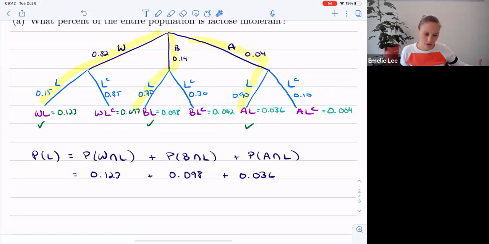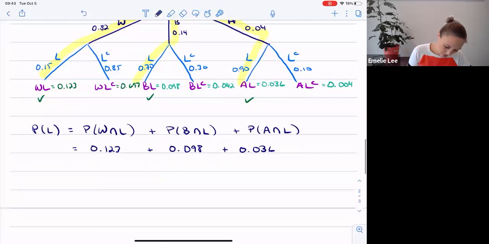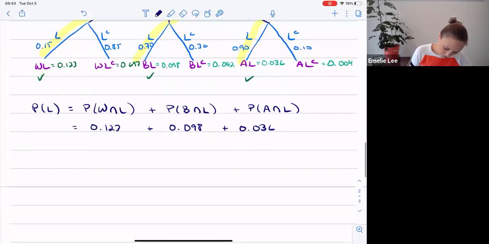So now extracting the probabilities that I need is not bad. If I add these up, 0.123 plus 0.098 plus 0.036 is 0.257. So that's the probability of just being lactose intolerant.